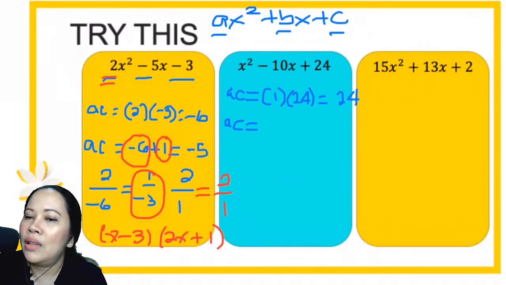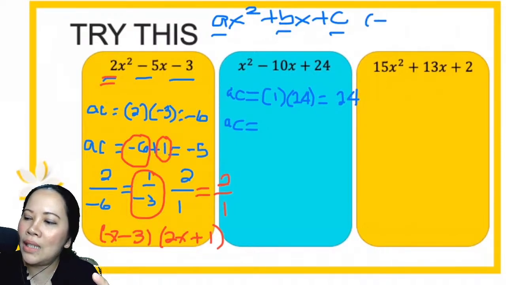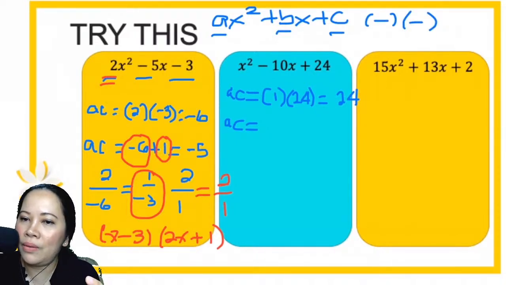So since your middle term is negative, what did we say? If the middle term is negative and the last term is positive, that means that the numbers being multiplied are both negative, because negative times negative is positive.